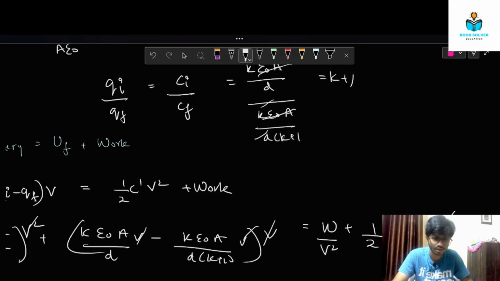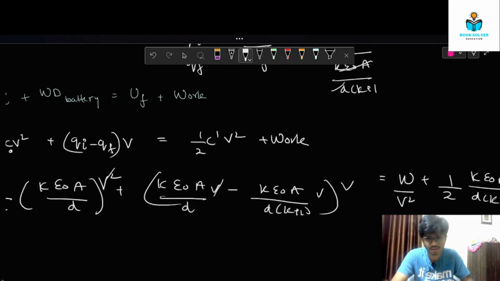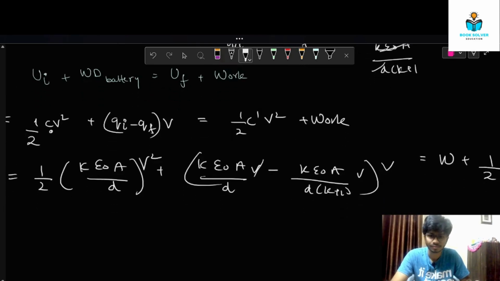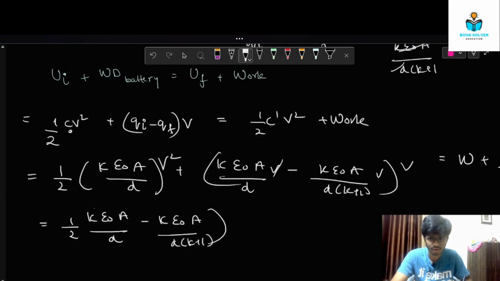You can cancel this out. Alright, you know what, it's not necessary, let's just keep V square, okay? So this would be equal to half K epsilon naught A by d minus K epsilon naught A by d into K plus 1, V square, plus the same thing.